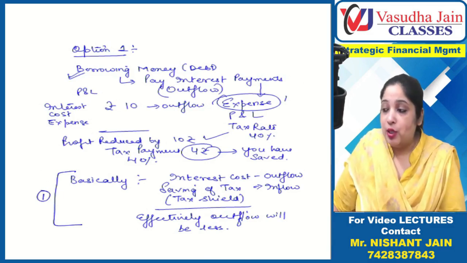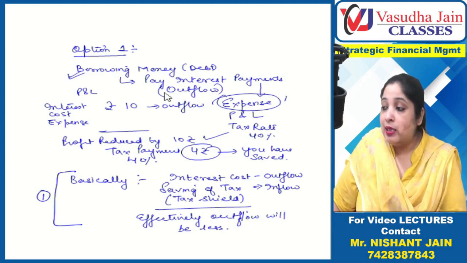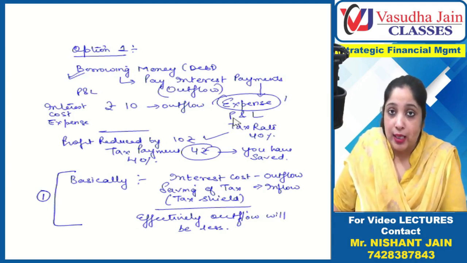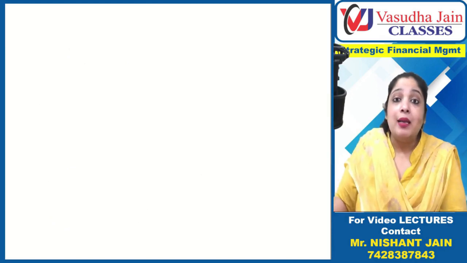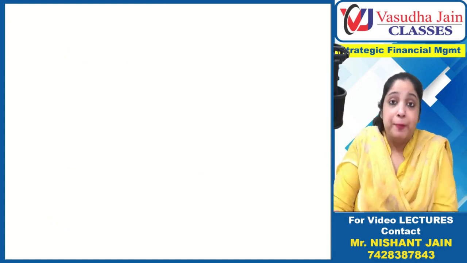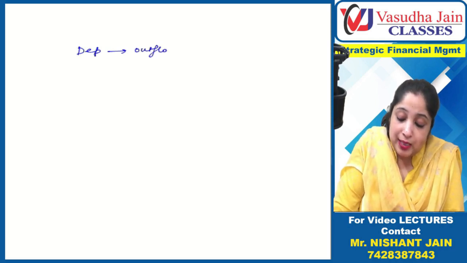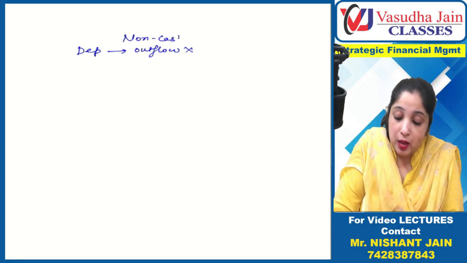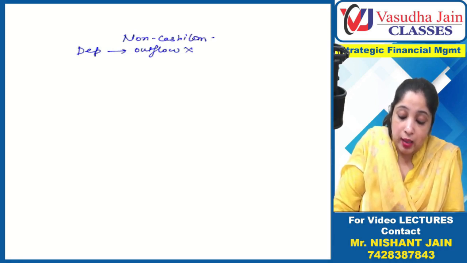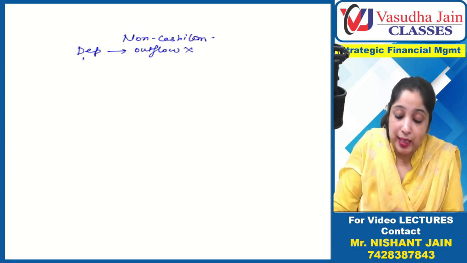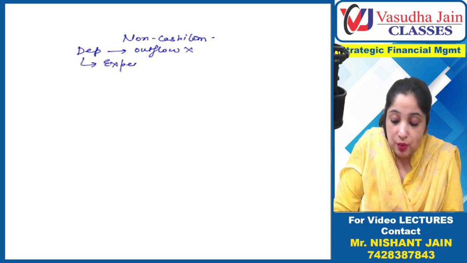Then the second calculation is that since you are the owner of the machine in this case, you can claim depreciation. Now depreciation itself is not any outflow. Depreciation is a non-cash item, right? But depreciation is an expense.